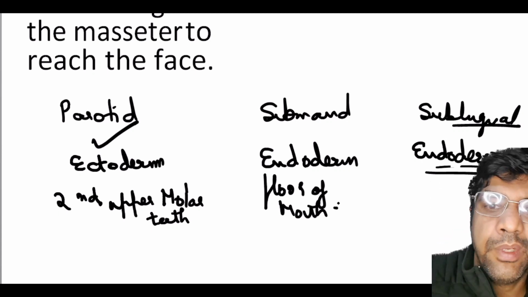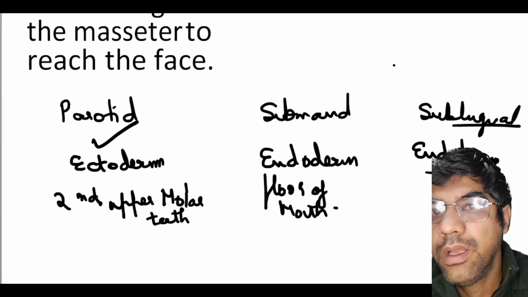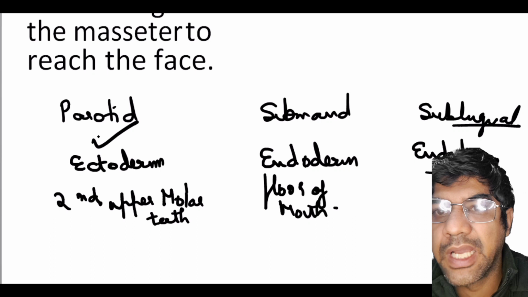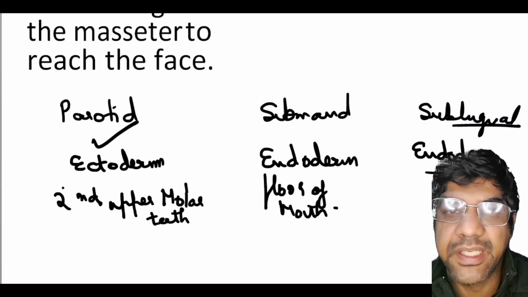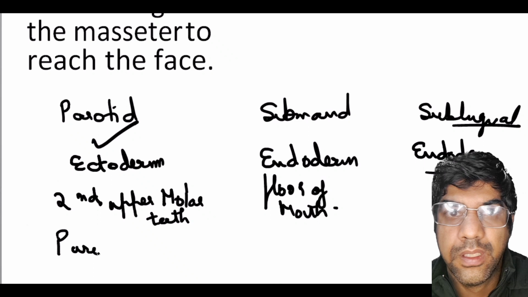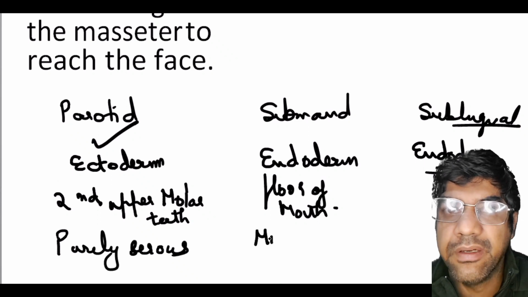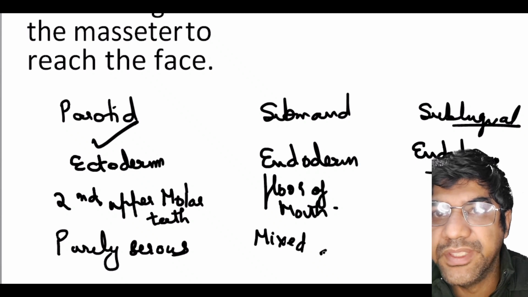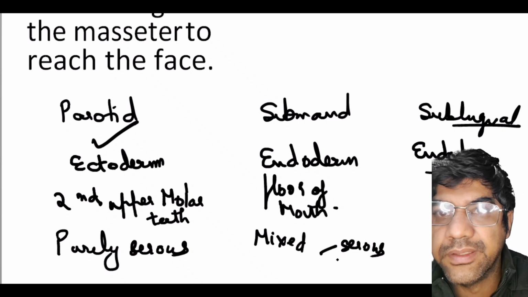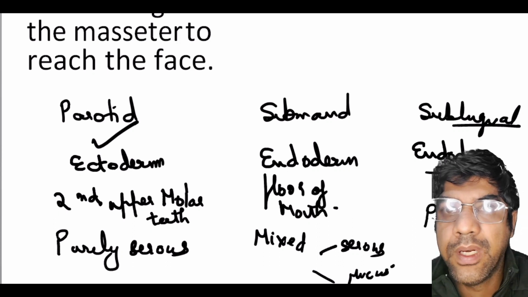Whereas the sublingual gland has 10 to 12 ducts that open in the sublingual fold in the floor of the mouth. Now the parotid is purely serous secreting. Whereas the submandibular is a mixed variant that contains both serous as well as mucous. Whereas the sublingual is purely mucous.